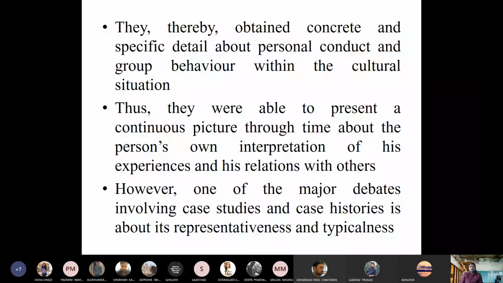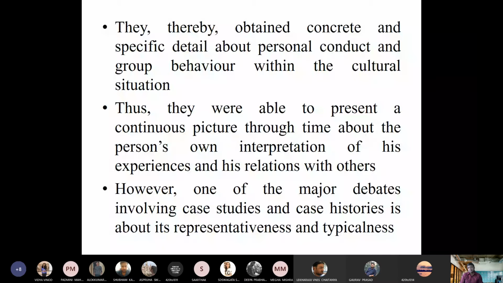So see, if I obtain very concrete information and specific details about an individual, then for understanding his case as a whole, I can understand what his attitude and behavior will be within a particular specific cultural domain.